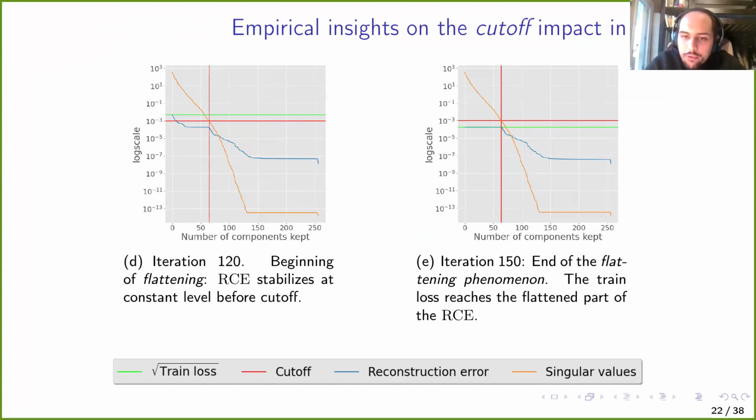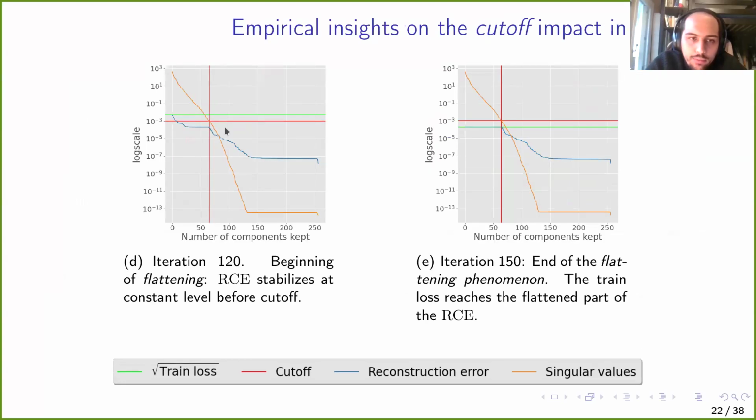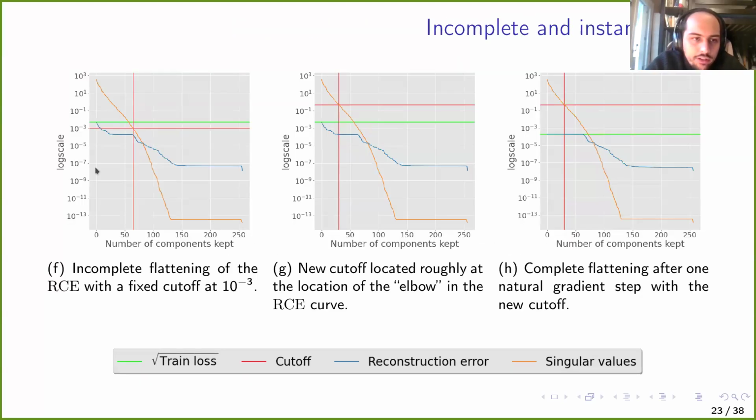So this was our first observation, and the second one was that, in some cases where we had more variance between seeds, when we look at the seeds that did not succeed very well, in fact, we saw that instead of having a complete flattening at the end of the optimization, there was a branch that remained unflat.